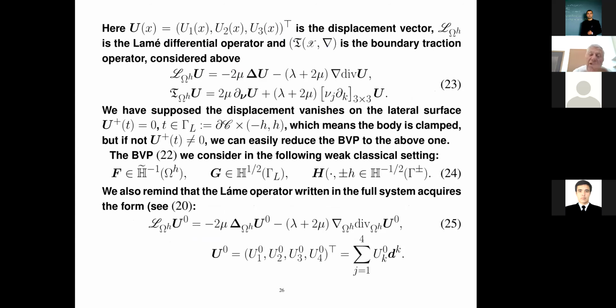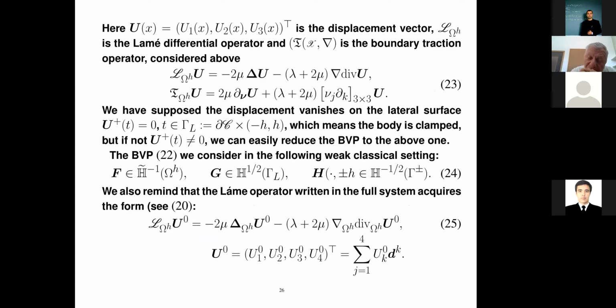Okay. And now consider this Lamé equation, which we have in the domain. The Lamé equation describes the displacement of this body under some load. And we now want to look at what happens when we send the thickness of this domain to 0.